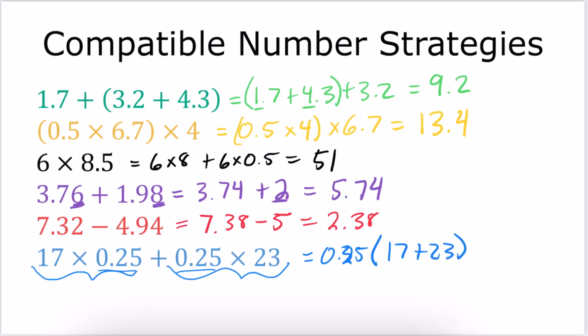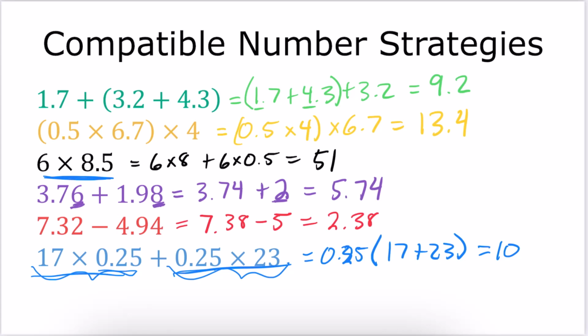So it's almost kind of like the opposite of this example. And the reason this would be useful is because 17 plus 23 is 40, and 1/4 of 40 is just the number 10. And so it would be way easier to find 1/4 of 40 versus trying to find 1/4 of the 17 and the 23 separately and then adding them together.